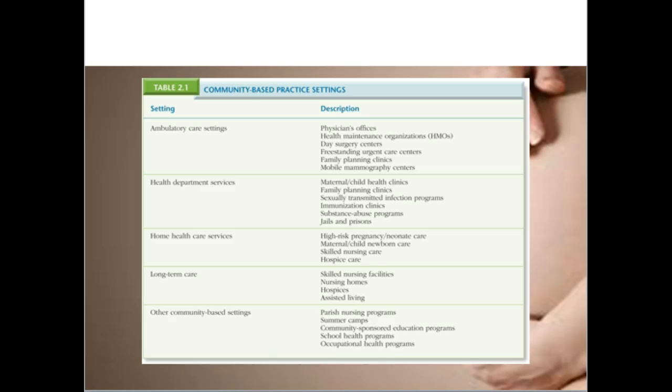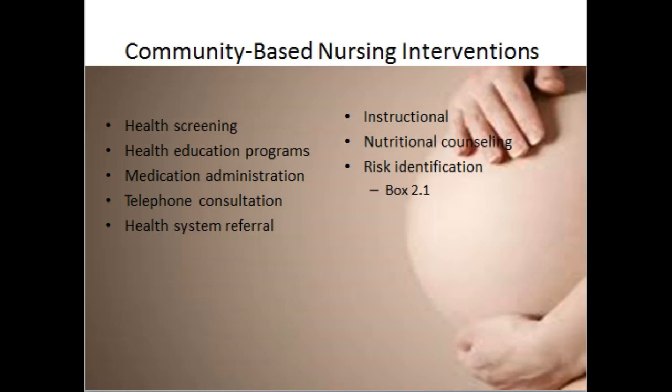This is table 2.1 on page 41 in your book, and it just goes over the different types of community-based practice settings. Some community-based nursing interventions that nurses can be involved with in the community include health screenings and health fairs, health education programs, medication administration, telephone consultation, health system referral, instructional, nutritional counseling, and risk identification.